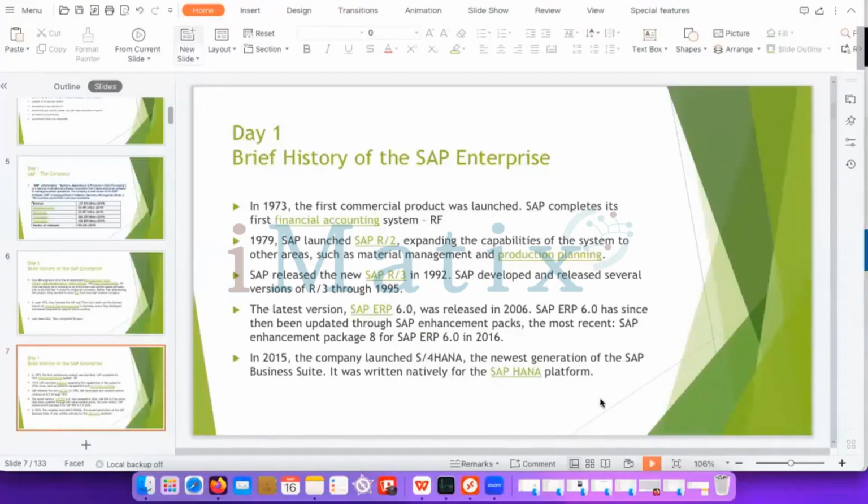They keep coming up with new kinds of products and develop new applications as per market demand. Like now we have data science, artificial intelligence, machine learning. All these kinds of products are available from SAP. You can check all of them on the SAP site.